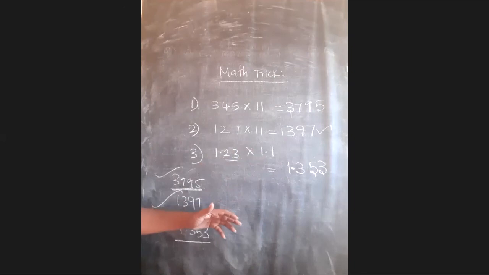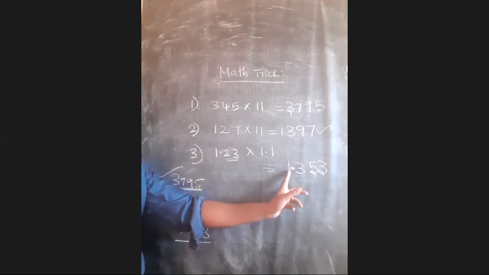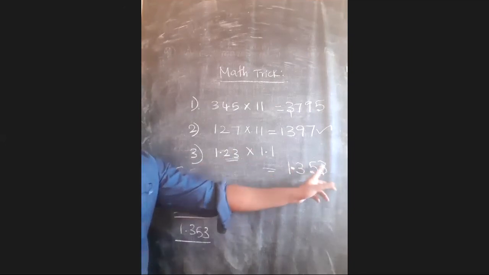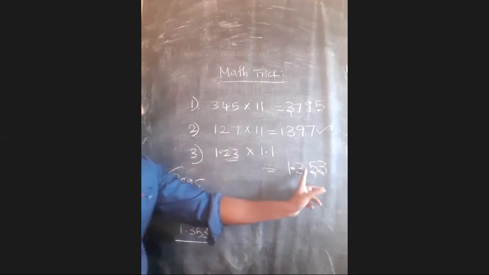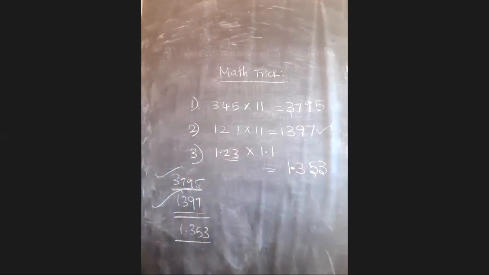So in our resultant answer, after this decimal point 3 numbers should be there. So that's why we wrote 353. Yes. So please use this shortcut method whenever you have to use it during your calculation in mathematics.